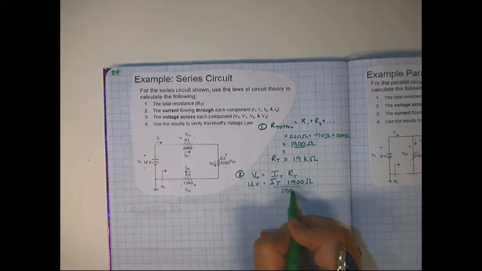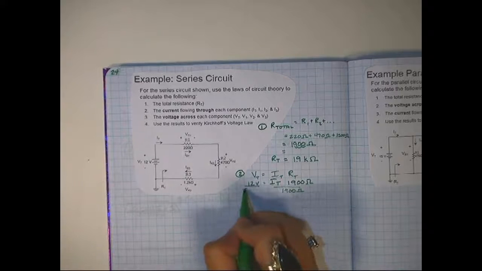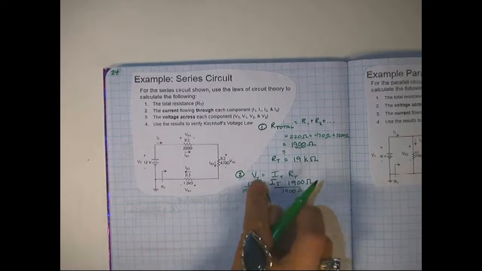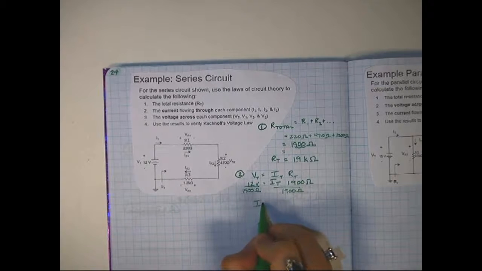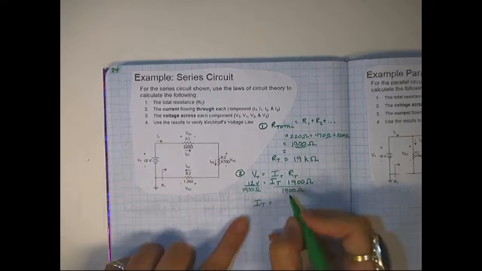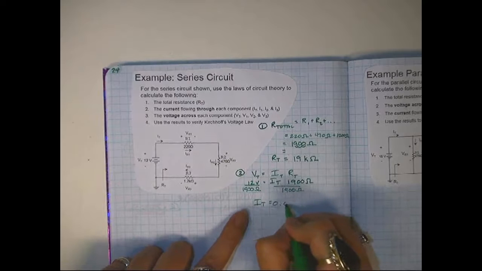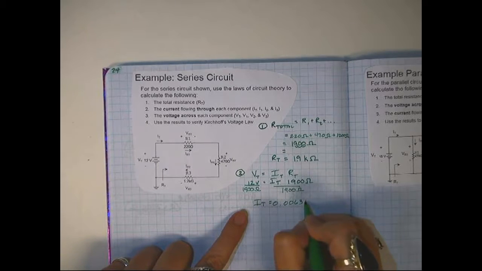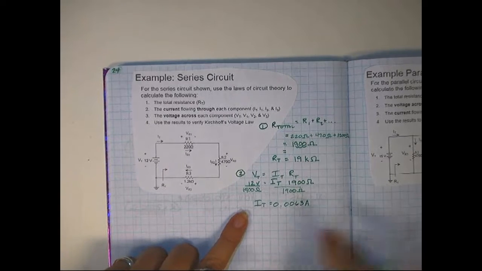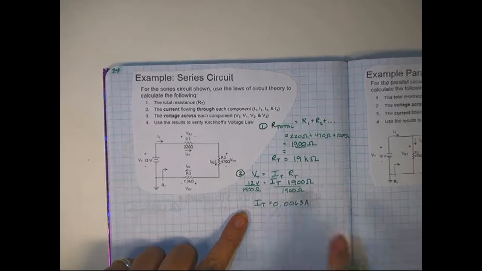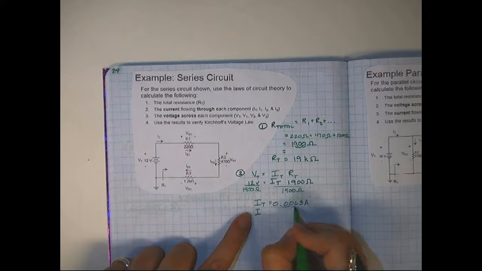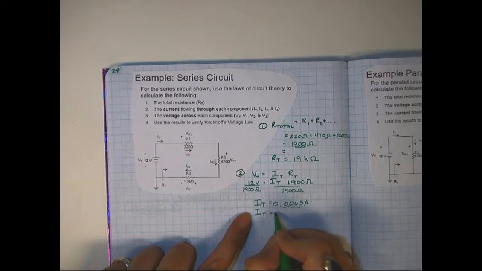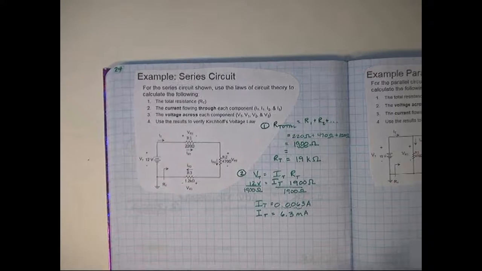Divide by the 1900 ohms. 12 divided by 1900, and we get the total current is 0.0063 amps. Or again, they don't like to do all these extra zeros when they're doing electrical engineering. So we're going to move it over 3 places and change it to milliamps, 6.3 milliamps.